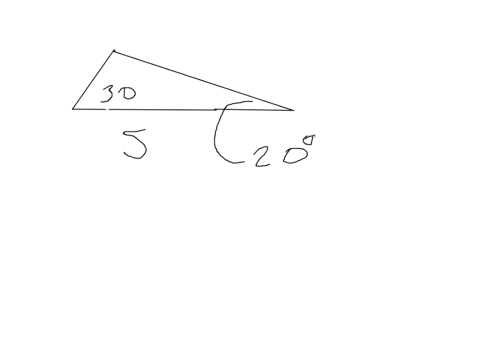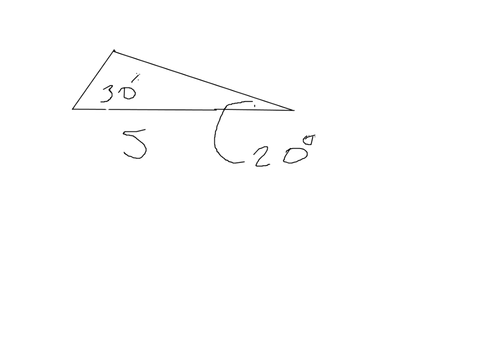Okay, here's another one where we have two angles and a side given, so that's 30 degrees for that lower corner, 20 degrees for this angle over here. And so I need to find one more side.